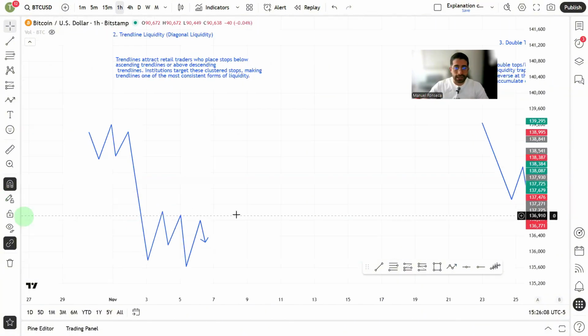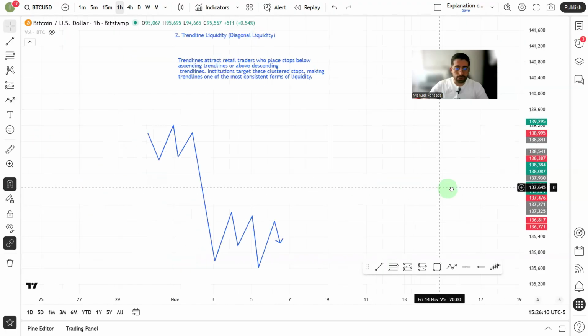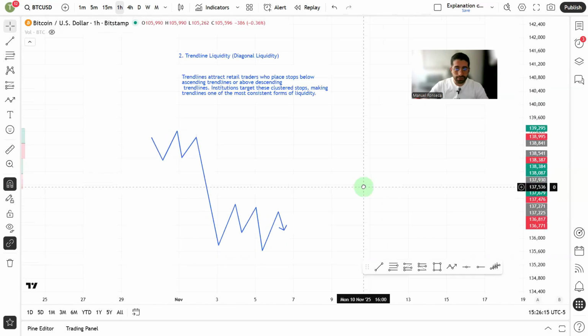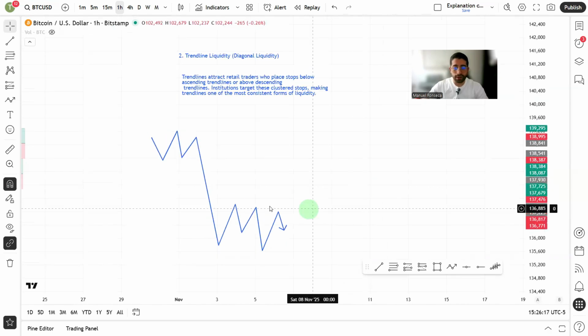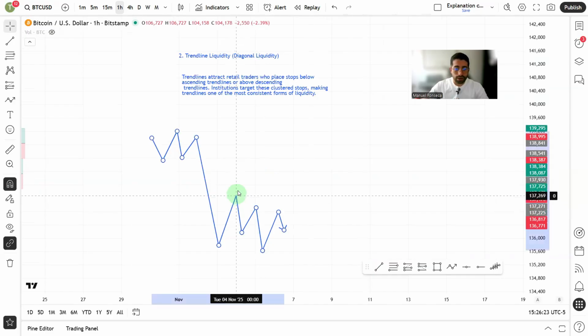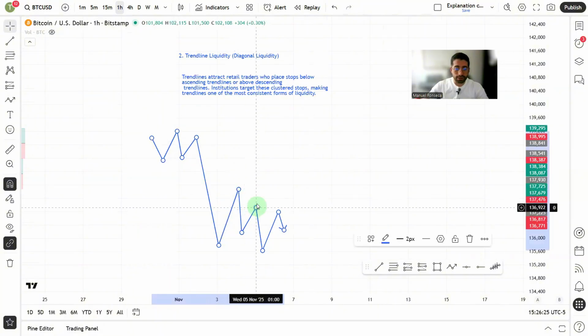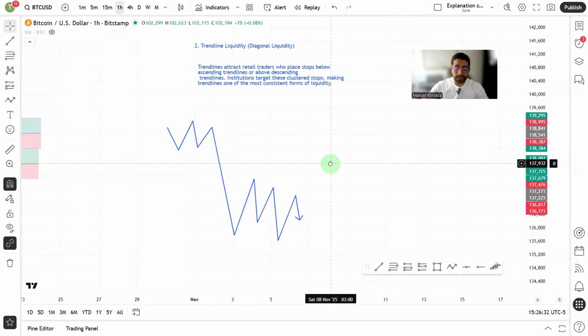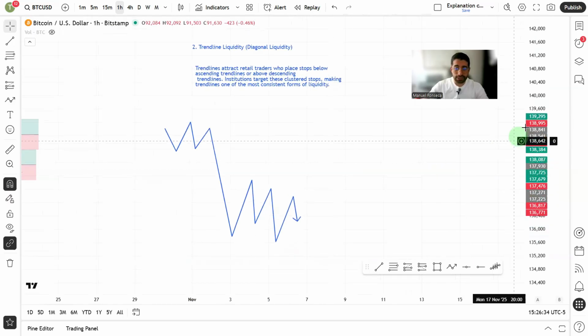Let's see the second liquidity pattern, which is also super common: the trend line liquidity. This is the one that cost me the most to understand, honestly, because for me it was difficult to understand this liquidity, this trend line.